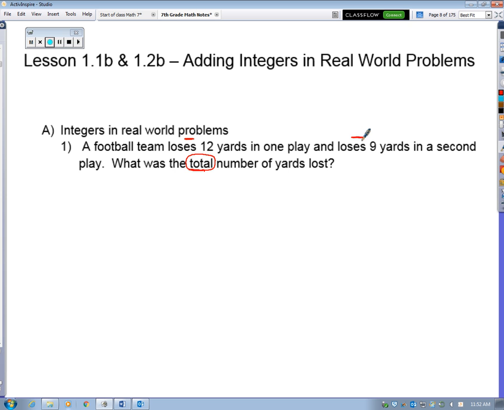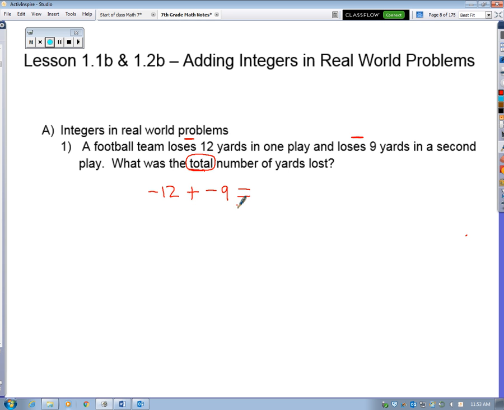Backwards is negative. Alright, so that's also going to be a negative 9. Okay, so we have our two numbers. We decided if it's positive or negative, and now we're just going to add them together. So let's take negative 12, and we're going to add negative 9 to find out how many yards they lost.